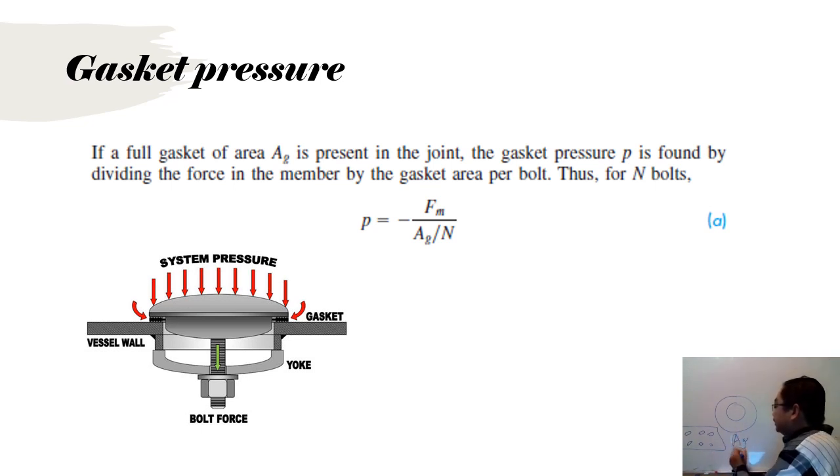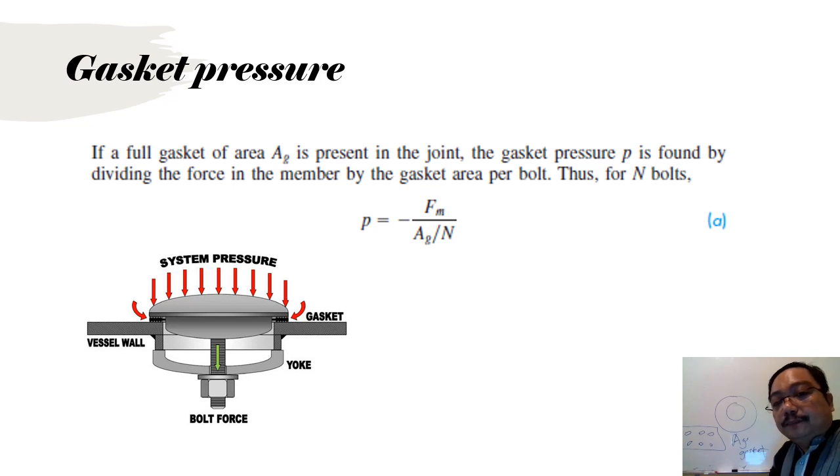AG stands for gasket. The gasket pressure is found by dividing the force in the member by the gasket area per bolt, and N stands for the number of bolts. Whether you want to find one bolt, two bolts, three bolts, or six bolts, you divide the gasket area by the number of bolts.